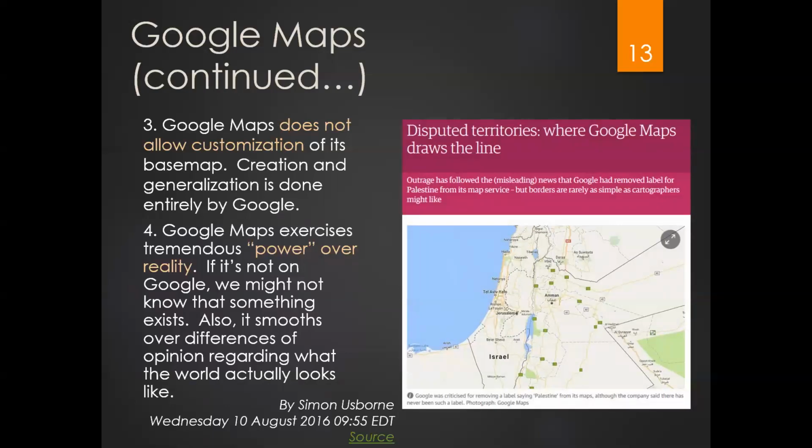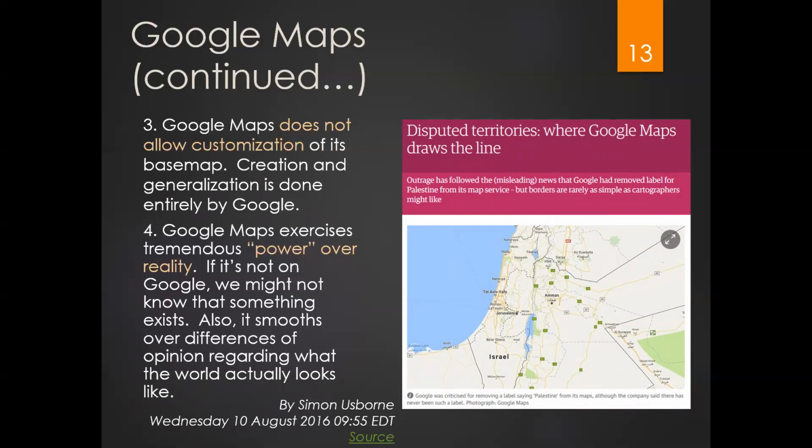So somebody pointed out that Google removed Palestine from their map. Palestine is a disputed area, right? It considers itself a state, but a lot of people do not agree with that.